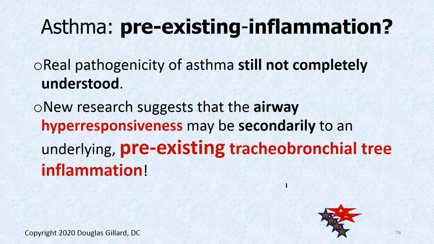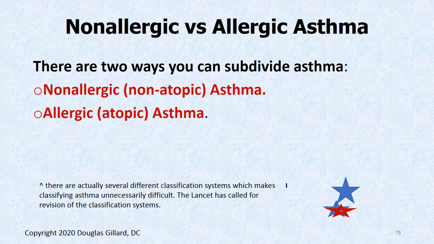Specifically, that a hyperresponsive airway is caused by a pre-existing inflammation of the tracheobronchial tree. Maybe some from unknown environmental factors, maybe from some virus. We're not sure what it is. But I didn't go too far down that hole because it's not in Rubin's and Robbins yet, but that's certainly a possibility.